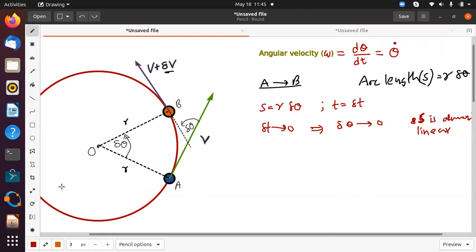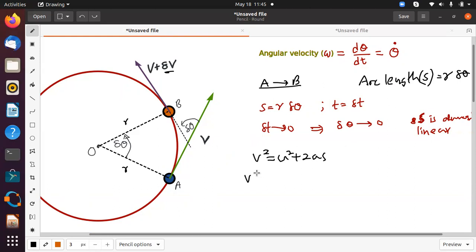Now we're going to use this from A to B: v squared equals u squared plus 2as. We know the arc length. We know the linear acceleration, that means a change in velocity within a given time. This is the final velocity, and this is the initial velocity.